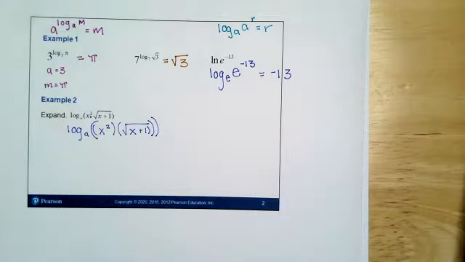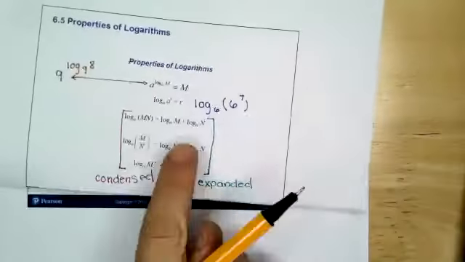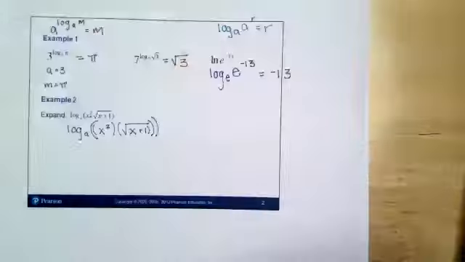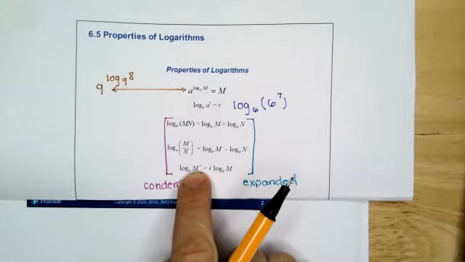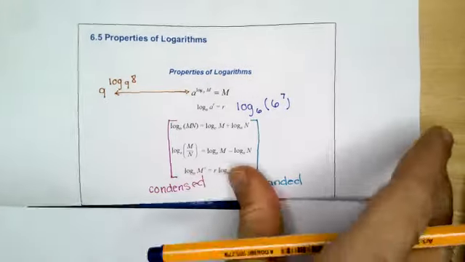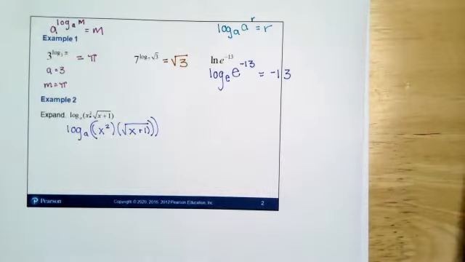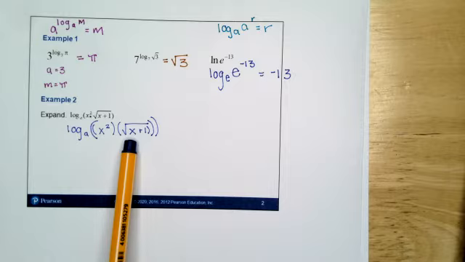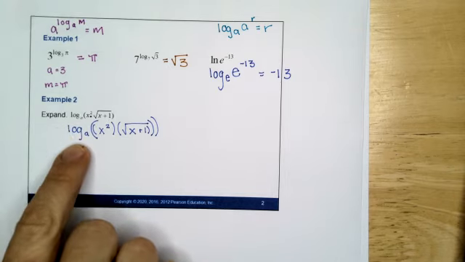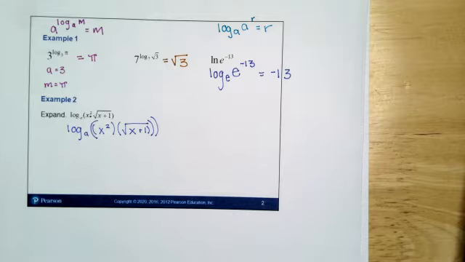So we have 2 separate terms that are being multiplied, right? We also have some powers that if we're taking m to the power of r, we can bring r out in front. Okay, so we have x squared times the square root of x plus 1. I'm looking at a single log, the log base a, of 2 terms being multiplied together. A log of 2 terms being multiplied, you can separate them by taking the log of each and writing it as a sum, right?